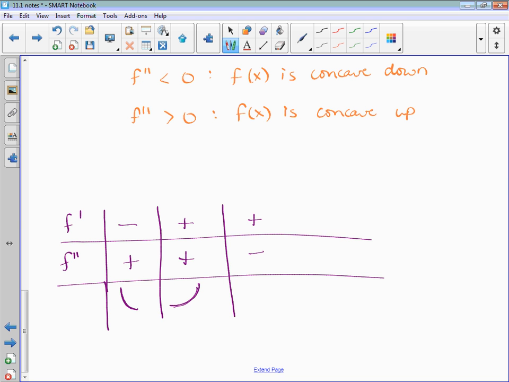What's happening there? So it looks kind of like that. Then first derivative negative, second derivative negative. Decreasing and concave down, so right. Okay.